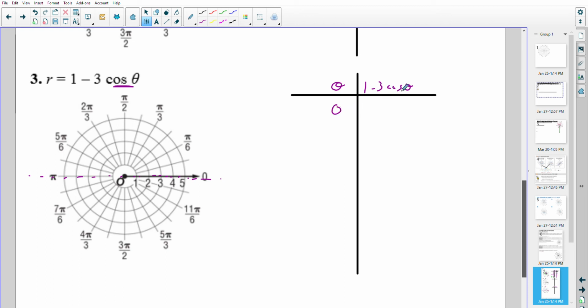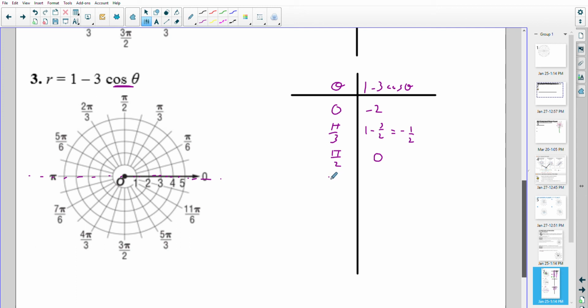So 0 gives me 1, 1 minus 3 is -2. Pi over 3 gives me 1/2. 1 minus 3/2 is equal to a -1/2. Pi over 2 is equal to 0. So that means that this is going to be equal to 0.